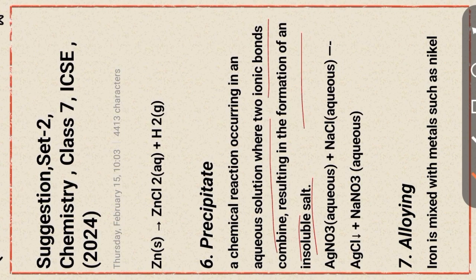For example, in aqueous solution, AgNO3 silver nitrate plus sodium chloride NaCl, in ionic form, gives the product AgCl silver chloride, which is a white color precipitate, and sodium nitrate NaNO3. This is the precipitate form.